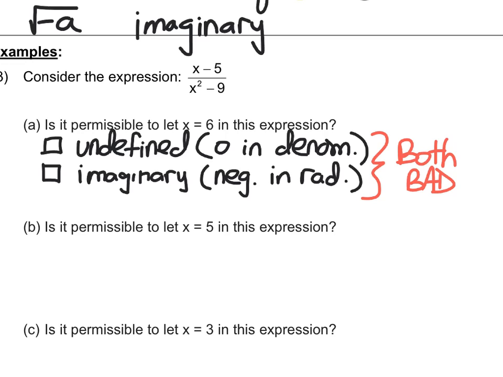I was hoping that they could remove the giant TV, but the app doesn't yet work the way I need it to. So alpha y equals n over d. Instead of an x, I'm going to say 6 minus 5 over 6 squared minus 9.